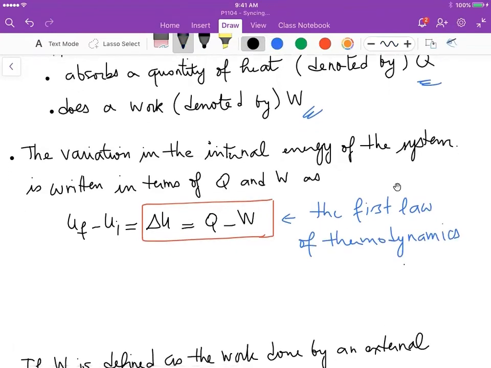يعني خلينا نتأكد إنه إذا هون كان في عنا Q heat added to the system، هل الانرجي حتكبر أو حتصغر؟ وهل إذا كان هالسيستم عم يعمل work الانرجي حتكبر أو حتصغر يلي عنده؟ Let's check these two.